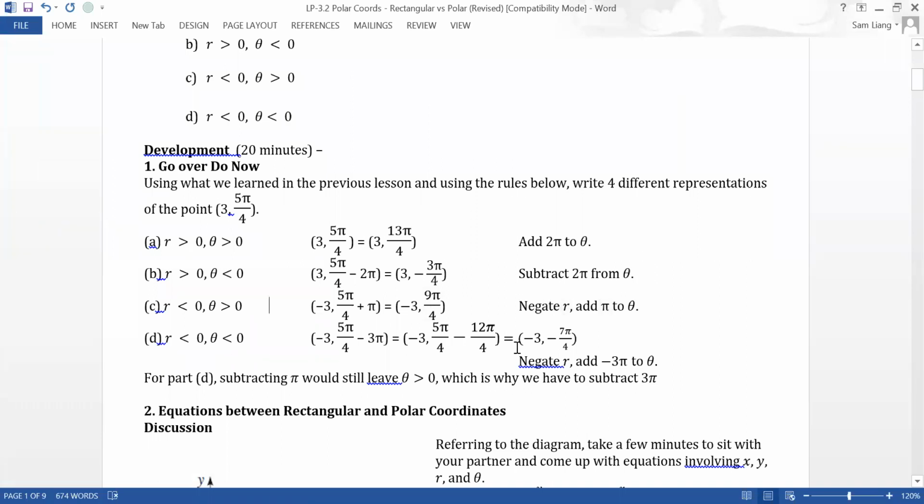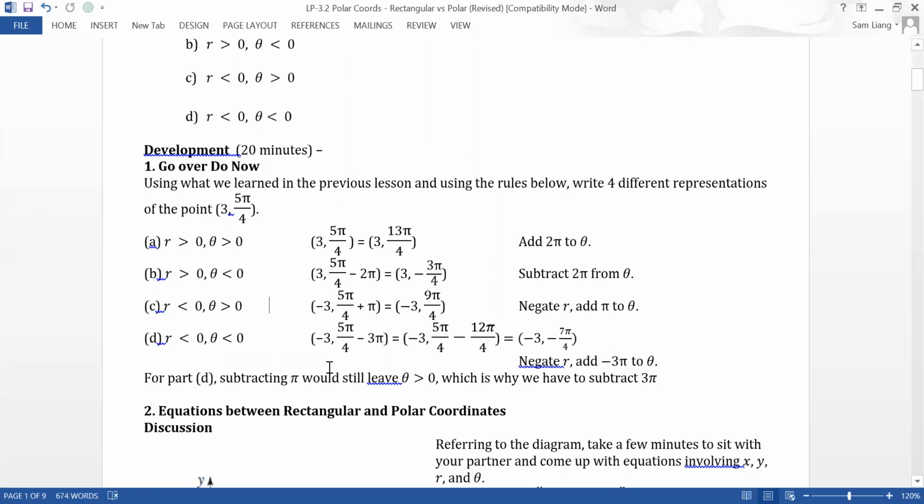For part D, we're going to negate r, and we're actually going to add negative 3 pi. So add negative 3 pi or subtract 3 pi to the angle because, as I explained here, subtracting pi would still leave theta being positive, which is why we have to subtract the next option, which is 3 pi.